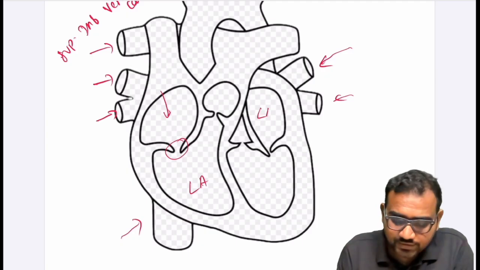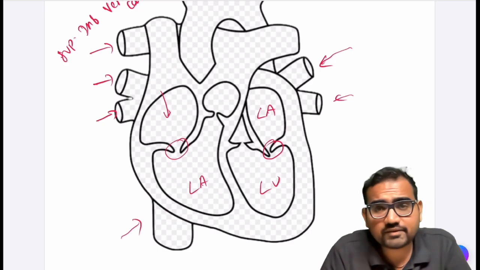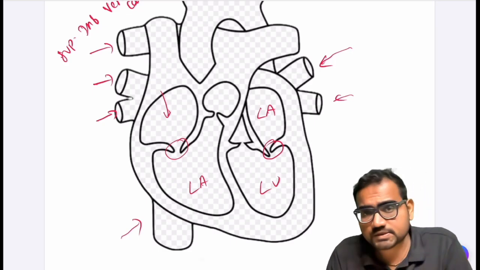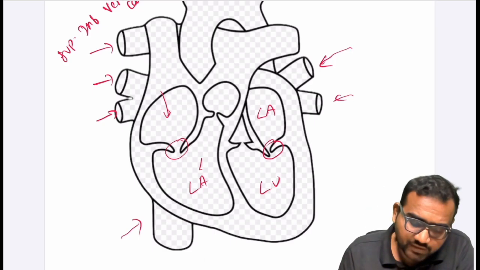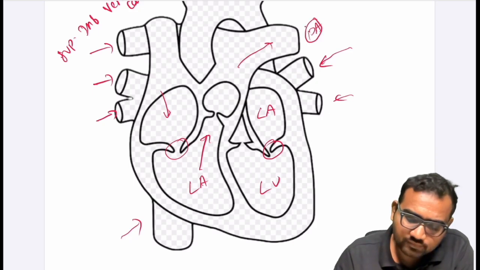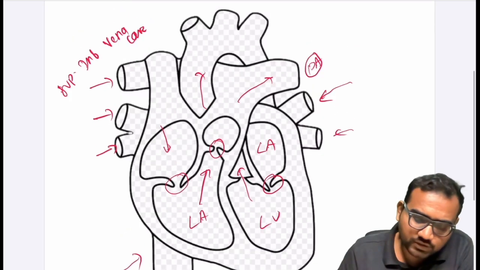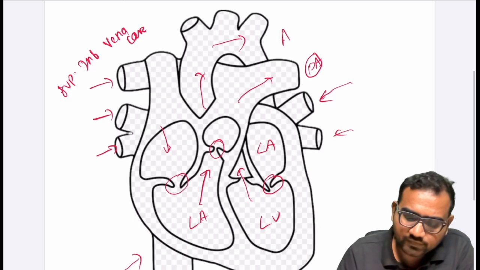It reaches the left atrium, which is separated by the bicuspid valve from the left ventricle. So we have the AV valves, tricuspid and bicuspid valves, and from the right ventricle the blood enters into the pulmonary artery via the pulmonary valve, and from the left ventricle the blood enters into the aorta via the aortic valve.